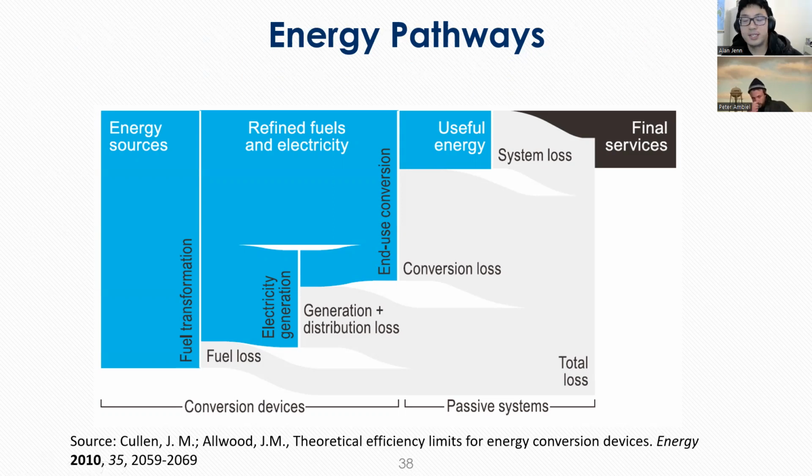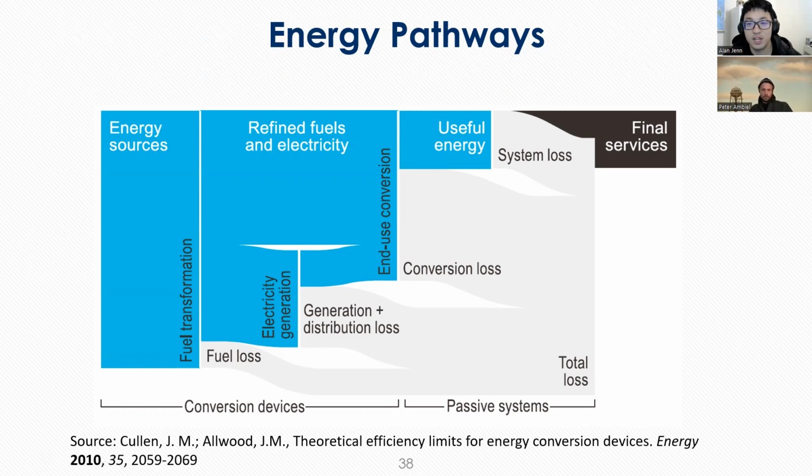So one concept to think about, as we think about energy efficiency and improvements in energy efficiency, is that there are many points within your energy system where you can improve it.